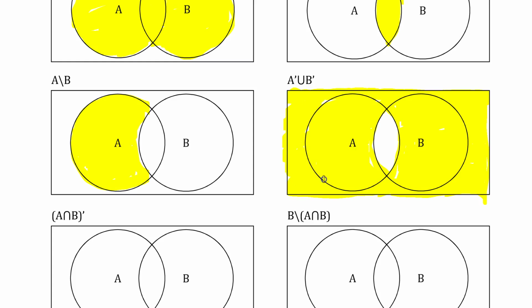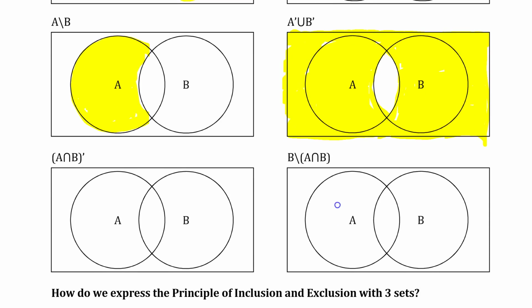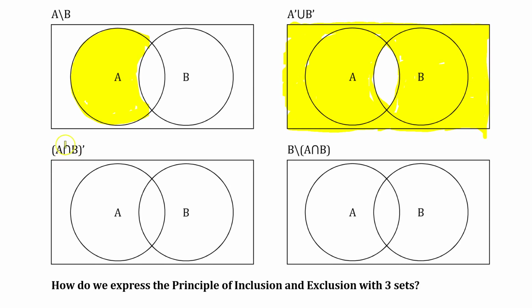Now this is going to be a little bit tricky. Sometimes the solutions for these things, even though I have a different documentation, will look the same. Let's see what I mean. So anything that's the complement of A intersect B. So here's A intersect B. So anything that's not in A intersect B, I'm going to color in.